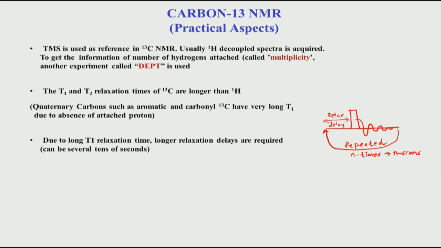Now, this relaxation delay is basically a recovery of the signal. The signal starts at 0 when it is here, and then it slowly recovers and goes to full at this position. This is almost 99% after a long time, and this is the situation at this position here.